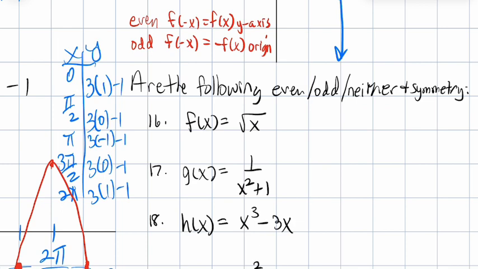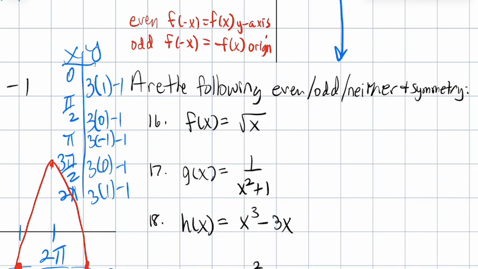So we are going to just be doing the -x test for all of these functions, and we're going to see, does it go back to the original? Then it's even. Is it the opposite of the original? Then it's odd. If neither of those things happen, or some pieces change but some pieces do not, then we'll just write neither, and we don't care about the symmetry.